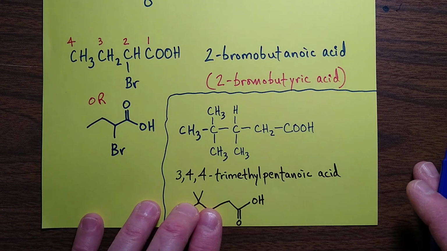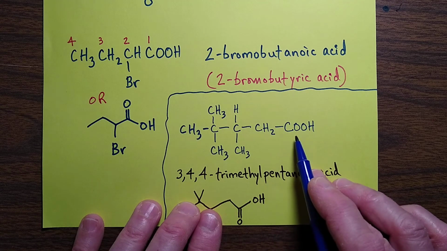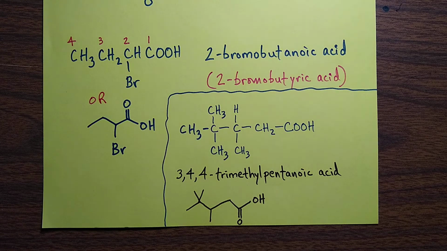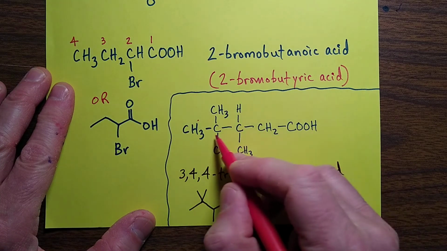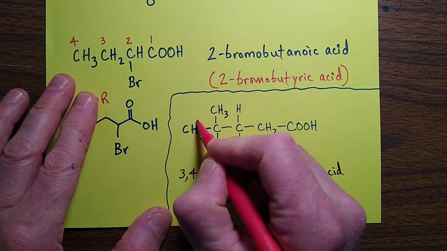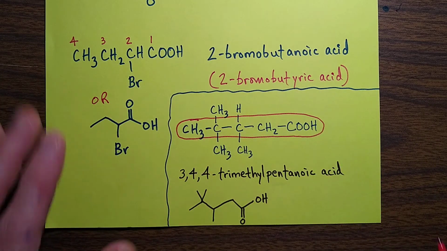This one here looks somewhat complicated, but if you just again focus on the longest chain that contains the carboxyl group, let's circle it here. It could be here, or it could be there, or it could be there. Does it really matter? I don't think so, because let's just circle that as my longest chain.